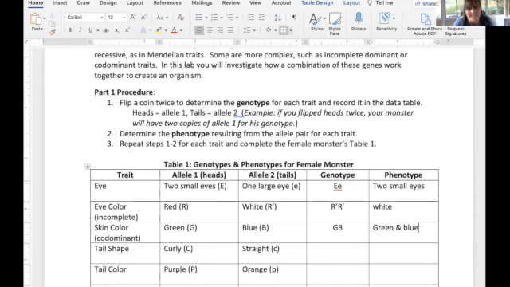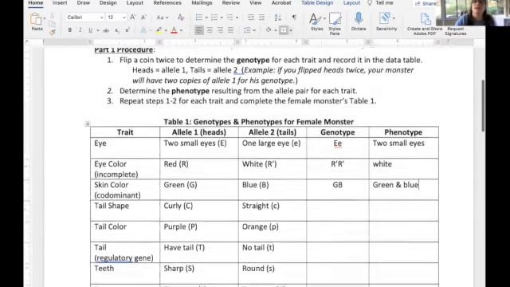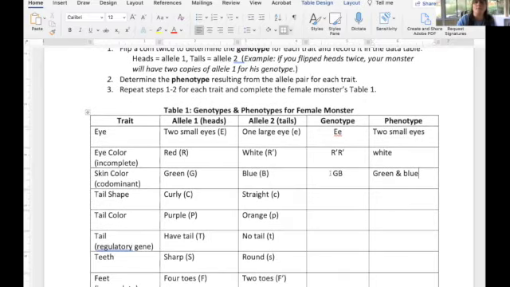Remember, not bluish green, not greenish blue, not green blue, not blue green, but green and blue because of that co-dominant. Please use an actual coin because the likelihood of me doing 3 heterozygous in a row is not quite typical.